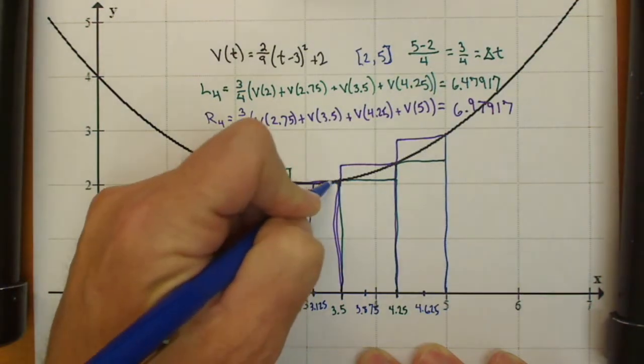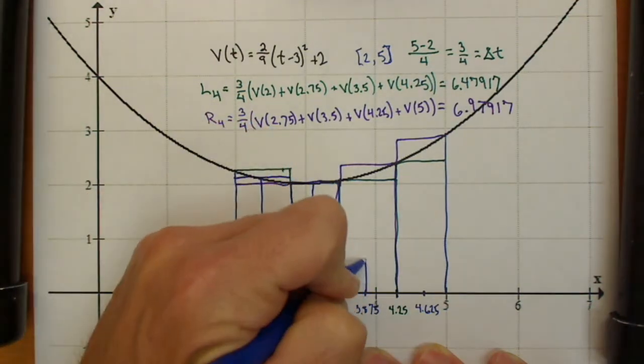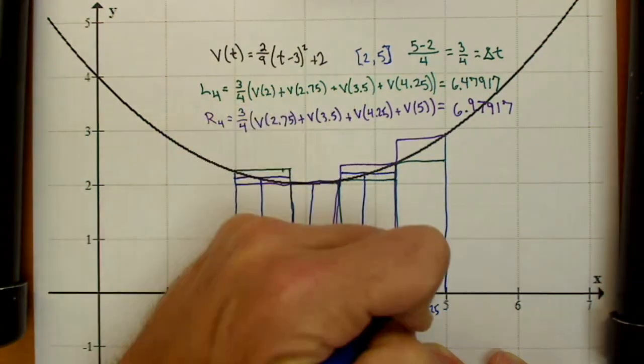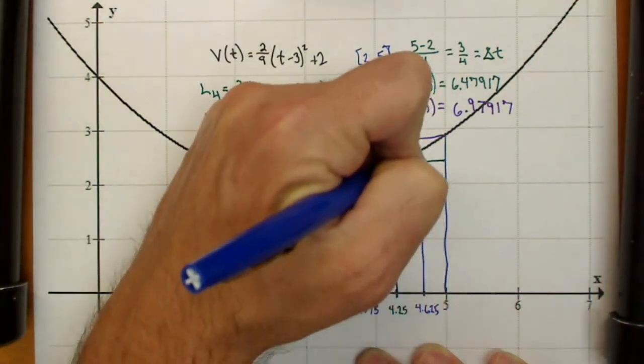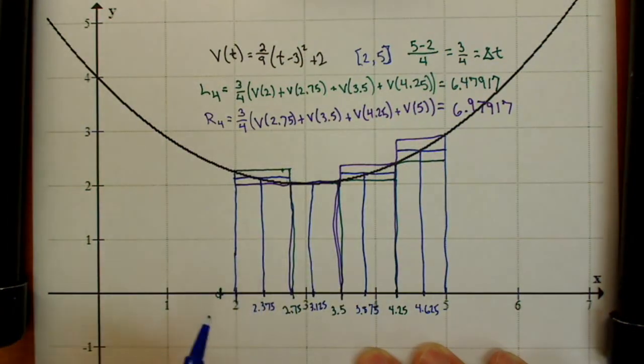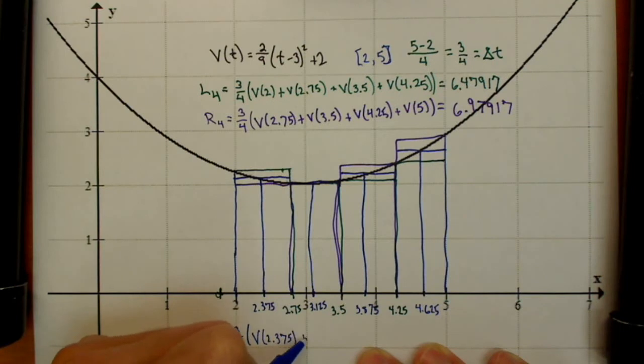We had seen in the preview activity, actually, it might have been in the last activity, that the midpoint rule gives a little bit better estimate than the left hand and the right hand. Now the midpoint rule is going to use those values instead. It's still 3/4 for our delta t, but v is going to be calculated at the midpoint of each interval.